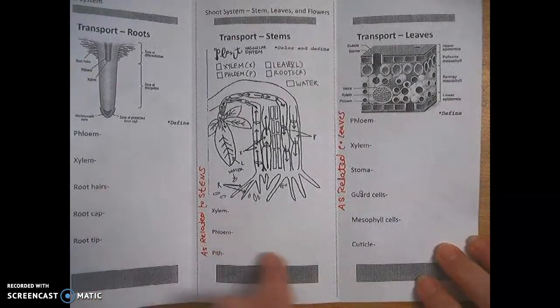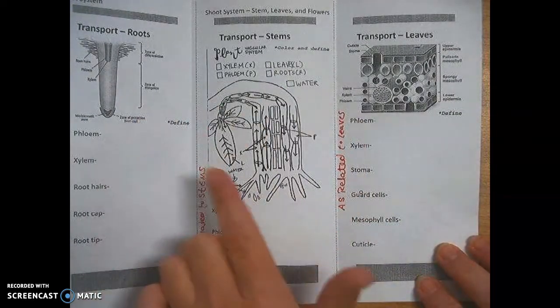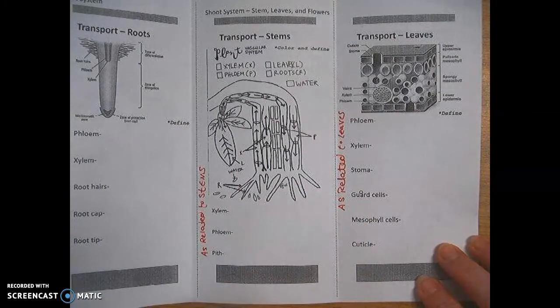The reason we keep seeing xylem and phloem throughout these systems is because that is the transport system. It's the vascular system. So think about our circulatory system. It's moving the blood, it's carrying the waste and the oxygen, the carbon dioxide, so things we need to the cells, moving the things out of the cells not needed. And it's the same here.